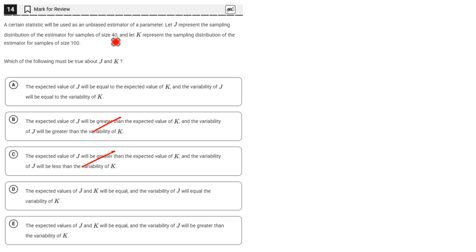With sizes 40 and 100, J's standard deviation will be greater than K's standard deviation. So they won't be equal.